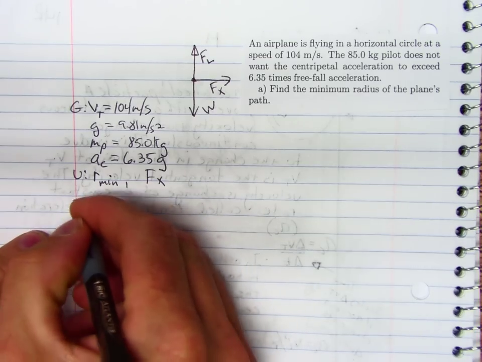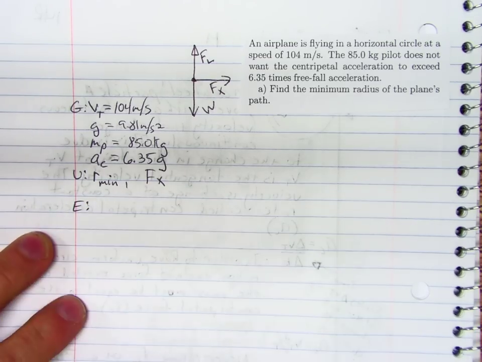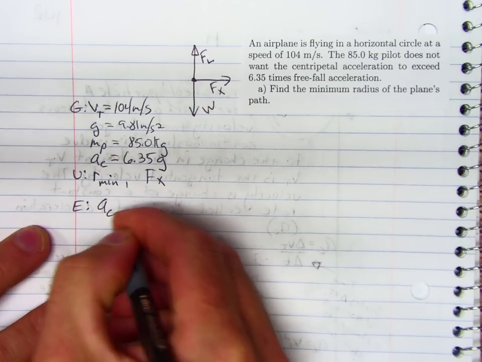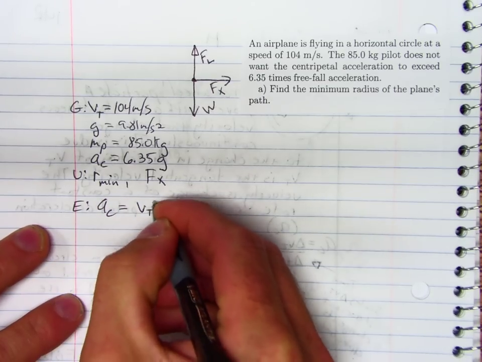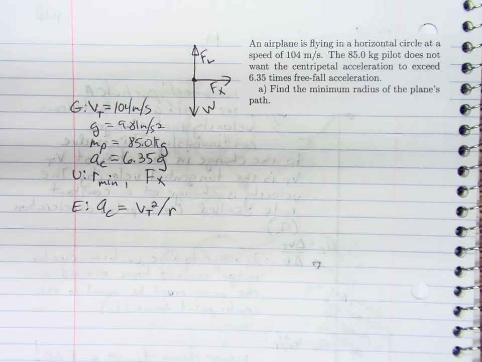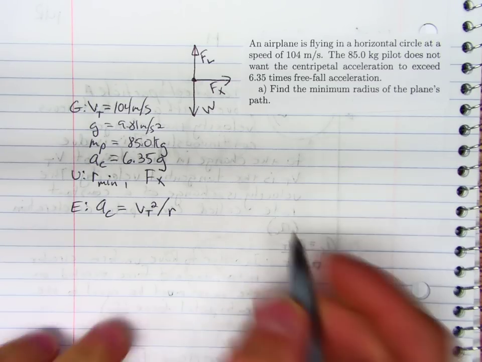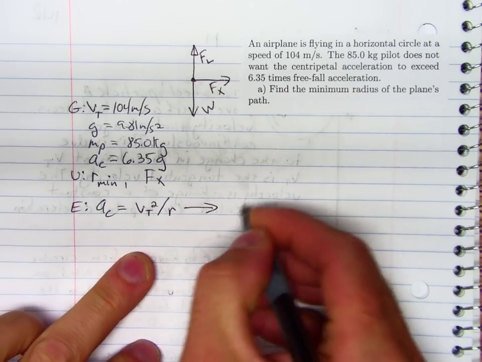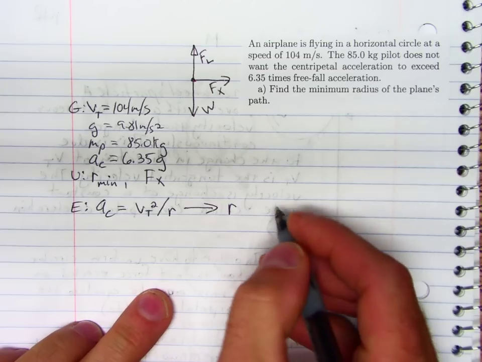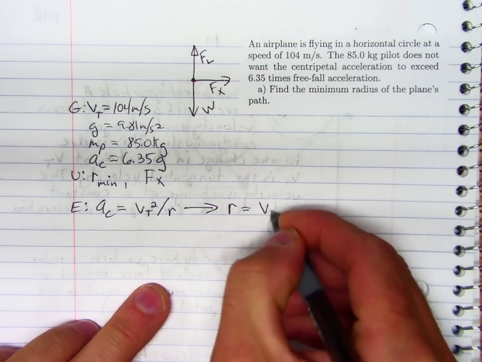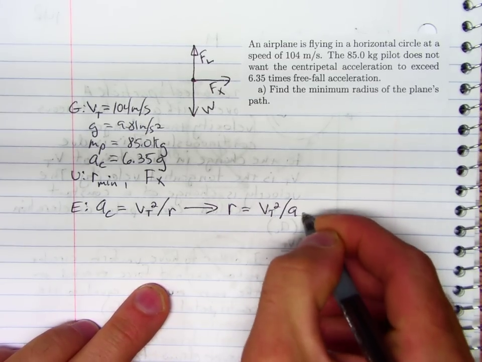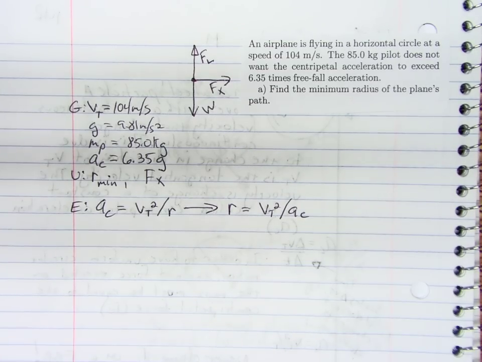So we know that the centripetal acceleration for a given velocity and radius of turn is vt squared divided by r. So we can rearrange this, and we know that r has got to equal vt squared divided by the centripetal acceleration.